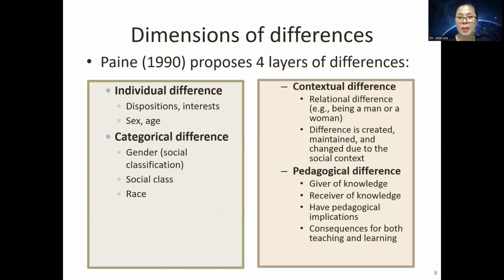Difference is created, maintained, and changed due to the social context. And there's also pedagogical difference. Do we see ourselves as pure givers of knowledge? Are our students just receivers of knowledge? So how we think about this has pedagogical implications on how we address the teaching learning process.